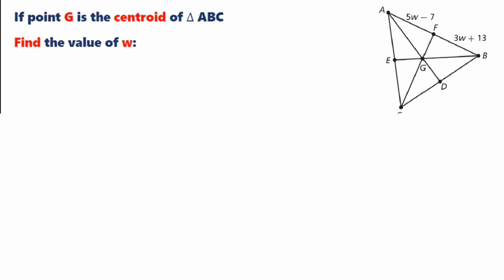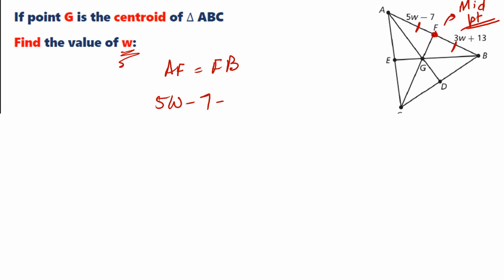Let's try another part. Find the value of W. What is given? AF is given, FB is given. Now, F, what is F? F is the midpoint. If F is the midpoint, it means that AF and FB are equal to each other. So, AF is equal to FB. What is AF? It is 5W minus 7. And what is FB? It is 3W plus 13.